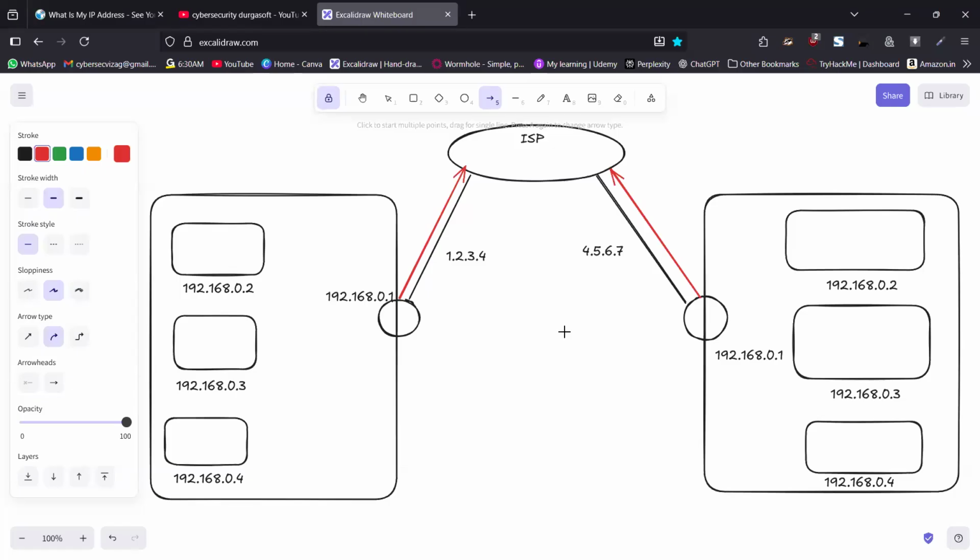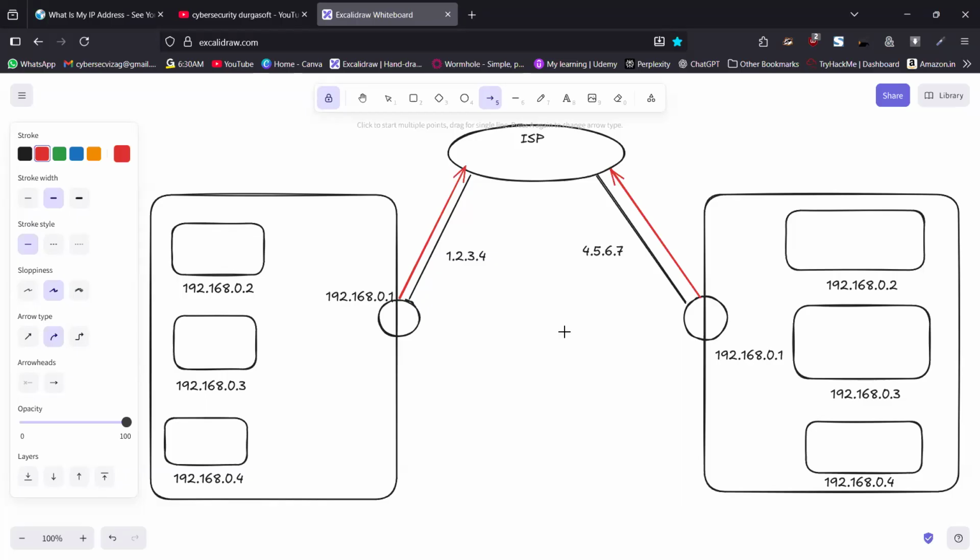And who is the ISP, internet service provider? Companies like Airtel, ACT Fibernet, Reliance Jio, Hathway, all these companies are ISPs, internet service providers. Where are you getting the internet connection from? Airtel, Tata Docomo, Reliance Jio. In the US, you have ISPs like AT&T, T-Mobile, Verizon.